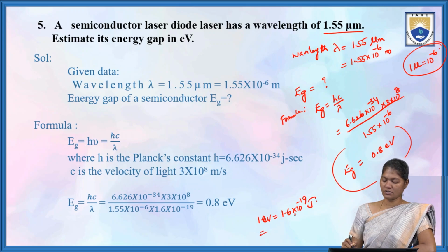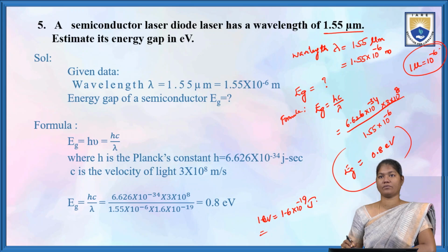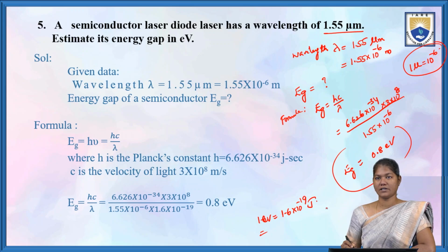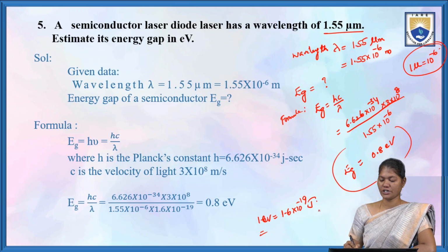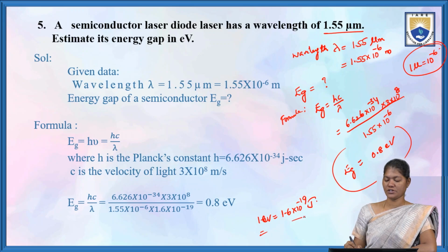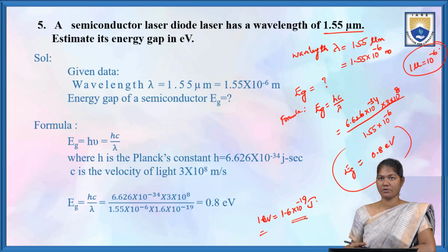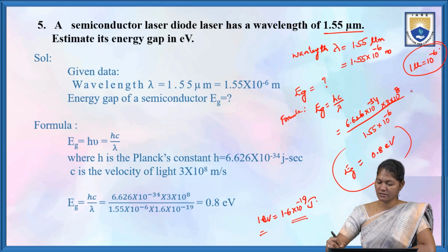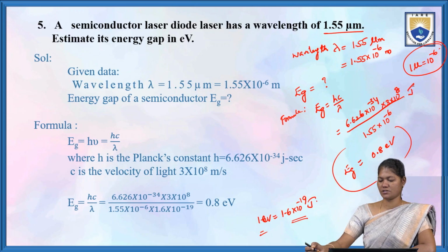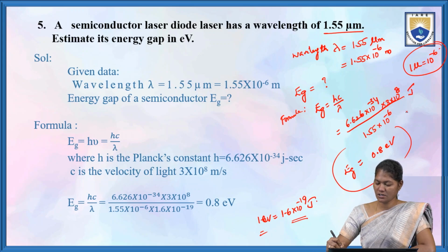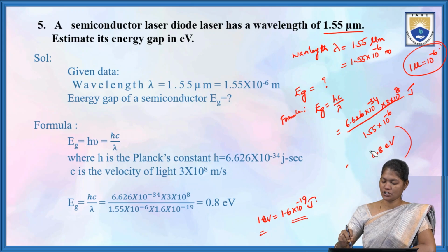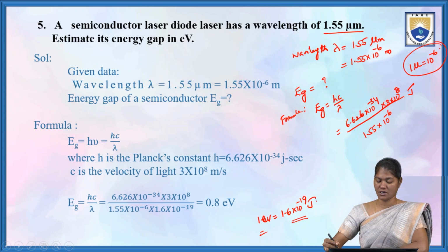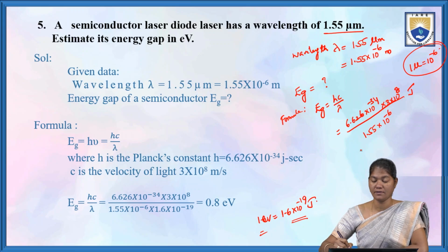So when we want to calculate in electron volts, we have to divide this expression by 1.6 into 10 power minus 19. From this expression, we get the energy gap in joules. When this expression is divided by 1.6 into 10 power minus 19, it is converted into electron volts.